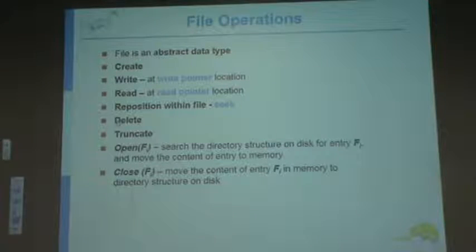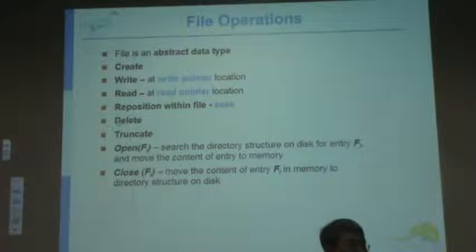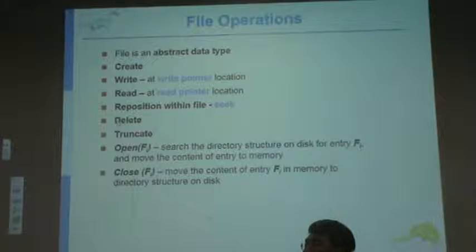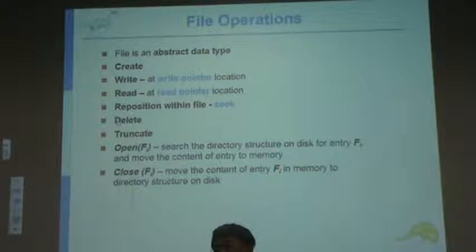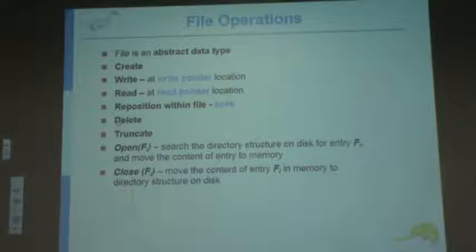There are operations. When we define an object in terms of the object-oriented concept, we also define methods. It's similar to a method in an object. So for a file, we can define operations. Those operations include creating the file, writing data, reading data, and searching data.